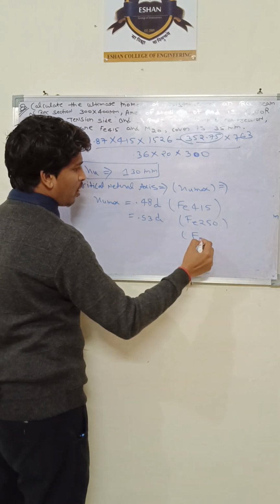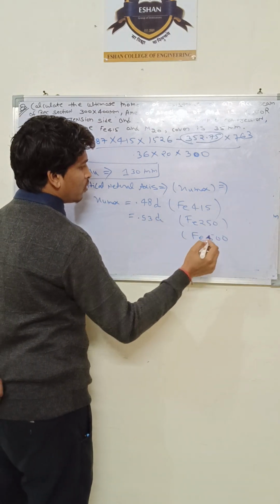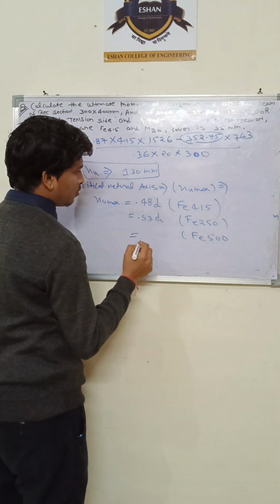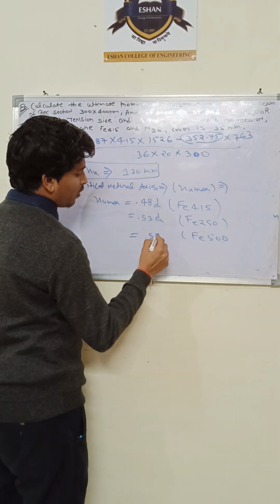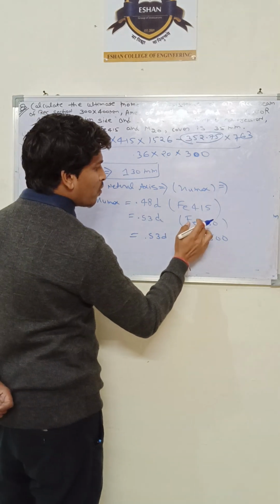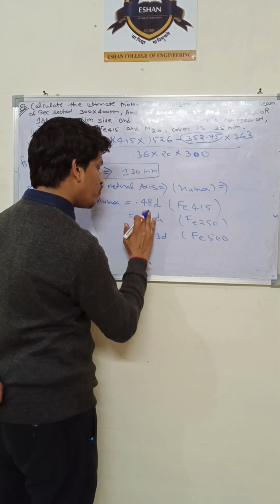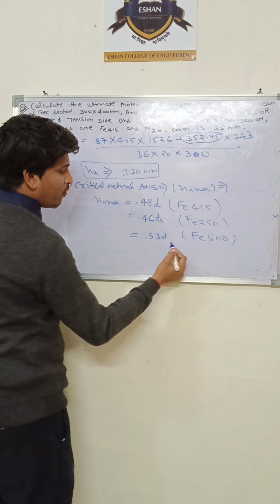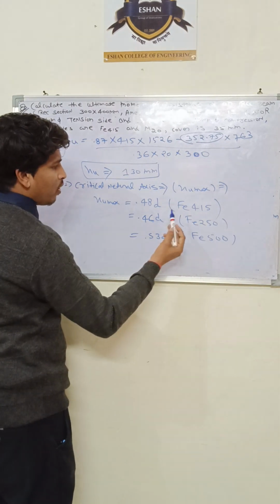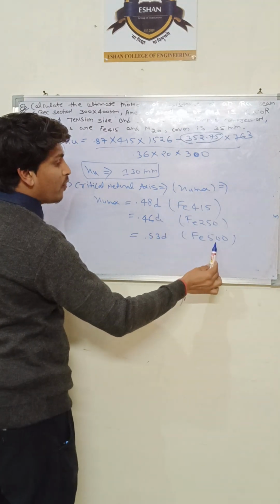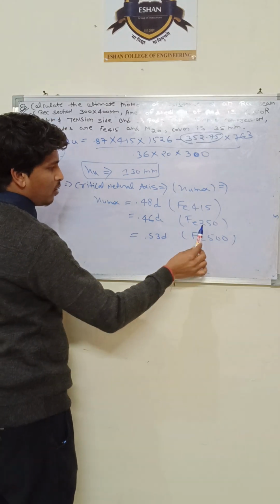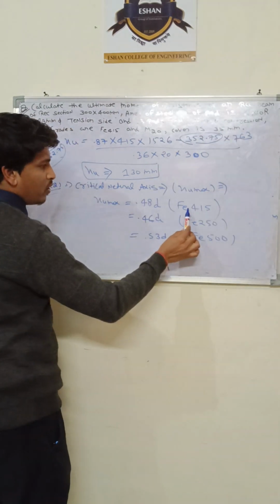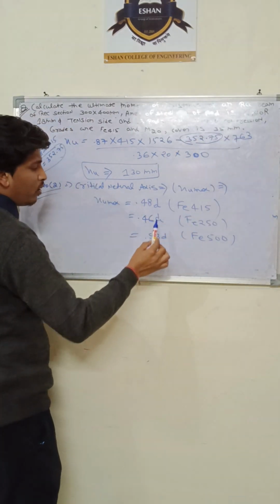So for Fe 250 it is 0.53 d, for Fe 415 it is 0.48 d, and for Fe 500 it is 0.46 d.